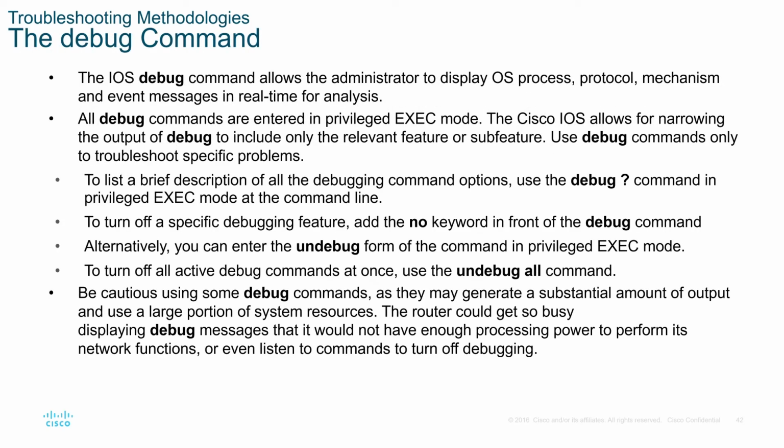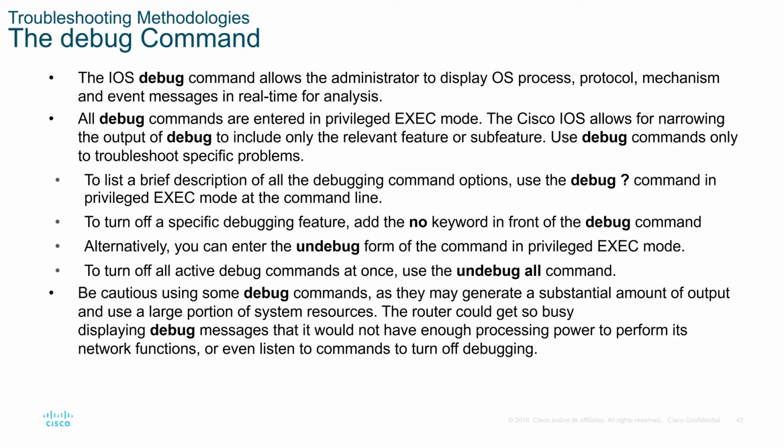The debug command is also extremely handy as well as being extremely dangerous to use. The IOS debug command allows the administrator to display OS processes, protocols, mechanisms, and event messages in real time for analysis.